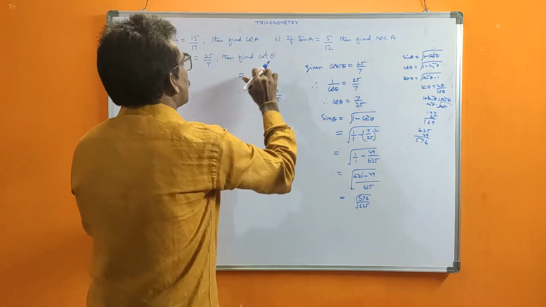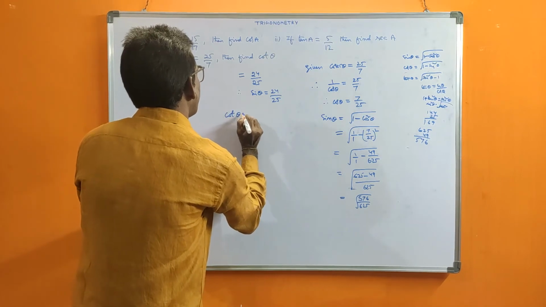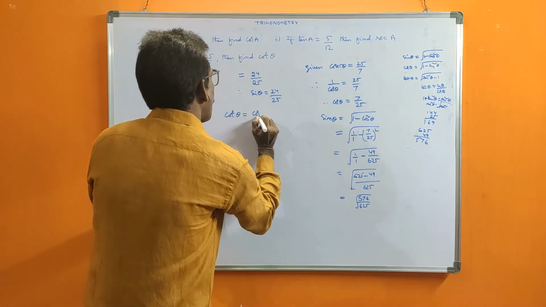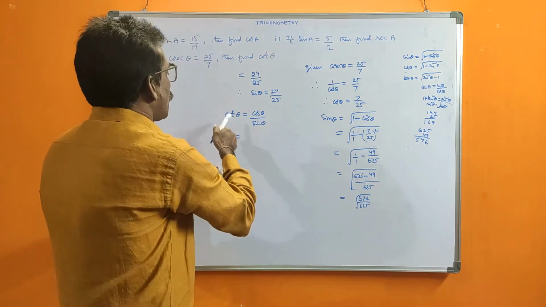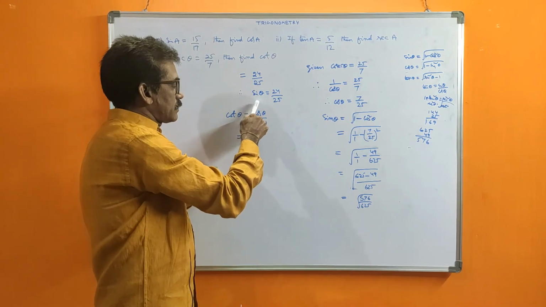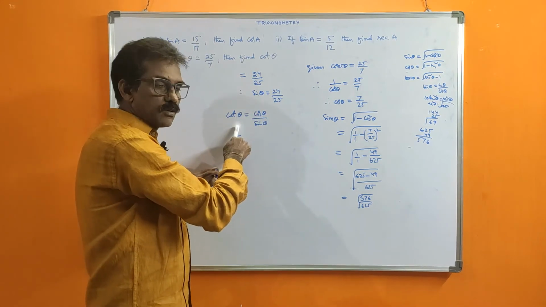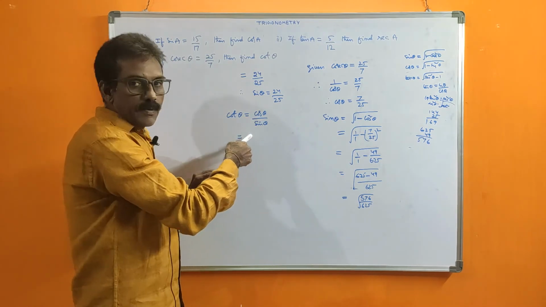What is asked? You see once: cot theta is asked. Now sin and cos you know, therefore cot you can find out. Cot theta is equal to cos theta by sin theta, formula is there. Always I told: tan theta is equal to sin theta by cos theta, cot theta is equal to cos theta by sin theta.